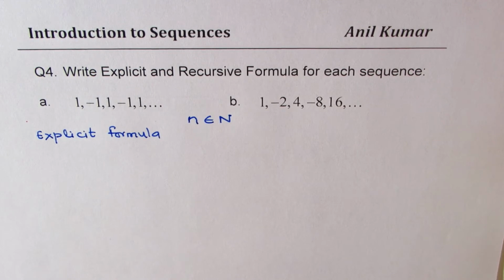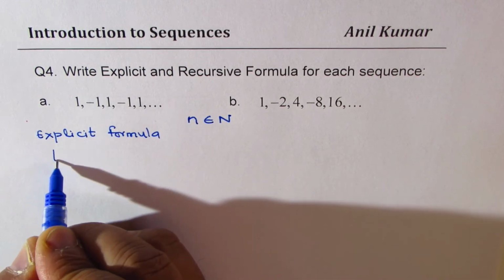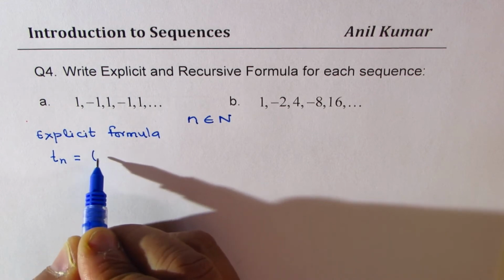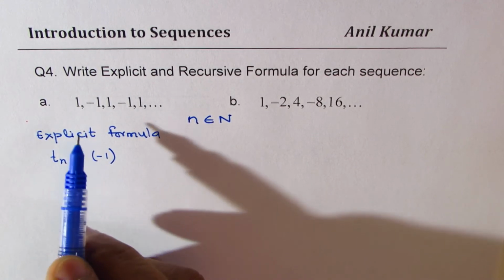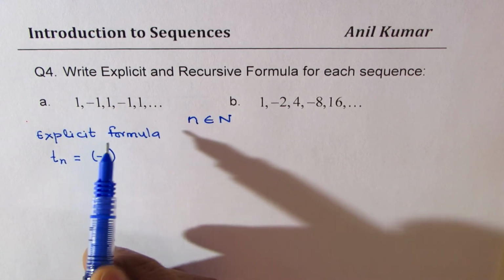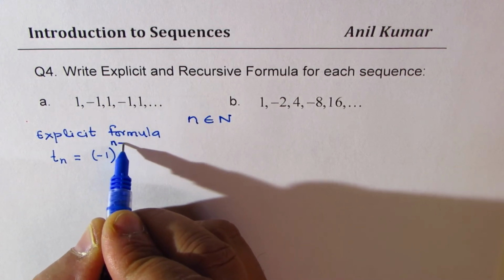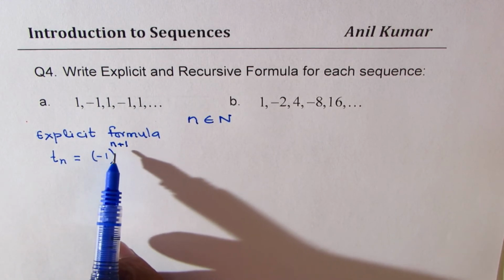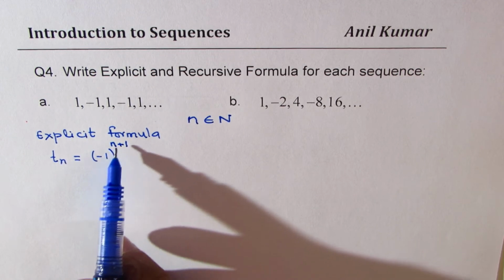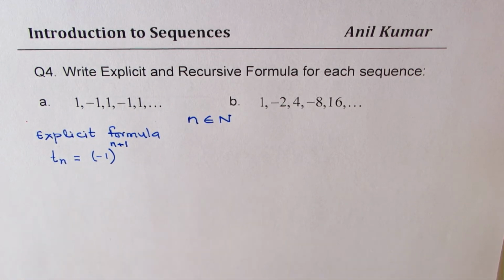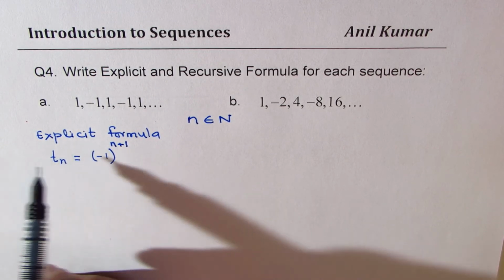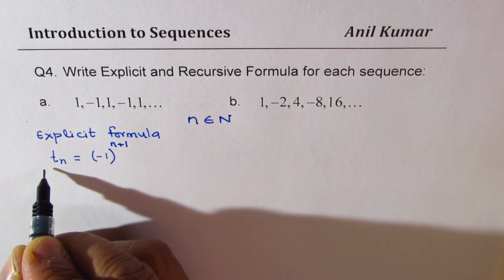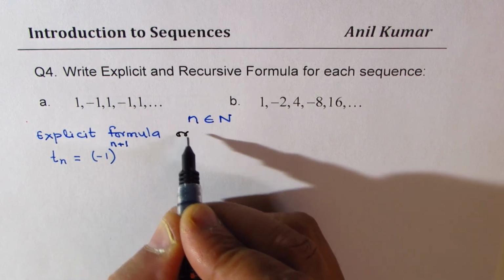First term is positive. That is to say, I can say Tn is equal to minus 1 to the power of, since I want to make the second term negative, n plus 1, right? So if n is 2, 2 plus 1 becomes 3, and every odd power of negative will be negative, right? This is also called the general formula, explicit or general formula.